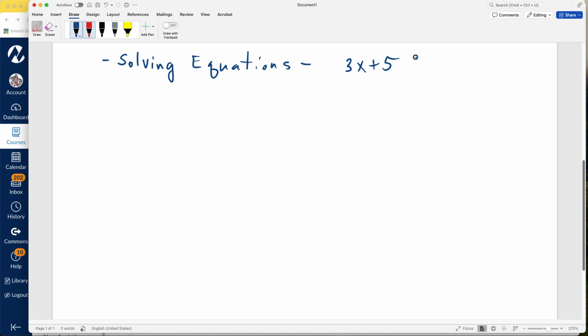So this is an expression that we work with, but it's not an equation until, so oftentimes there'll be an expression on one side and an expression on the other. Okay, so that's now an equation. There has to be that equal sign. That equal sign is right in the middle of two expressions.